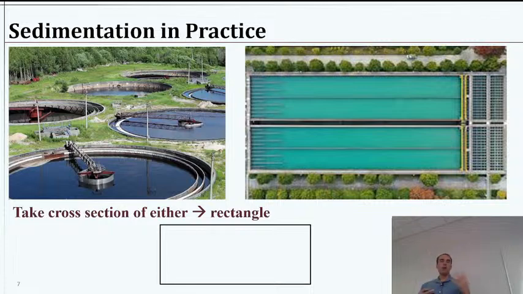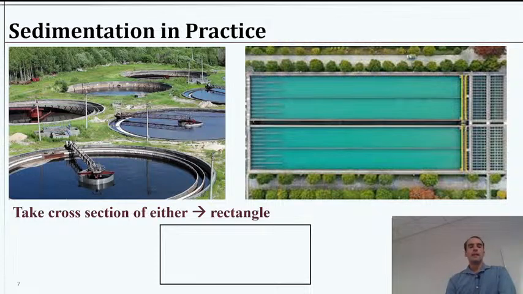In wastewater, we tend to call them clarifiers. We are clarifying the water, making it more clear. In a drinking water context, we usually just call it a sedimentation basin. Sometimes maybe clarifier.